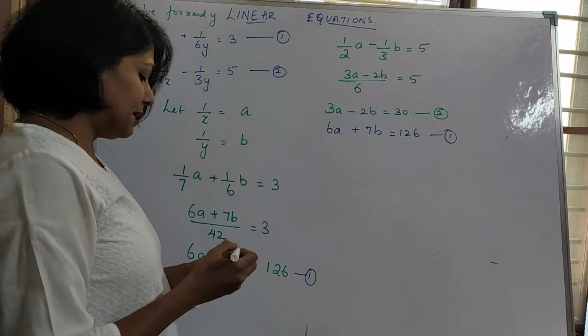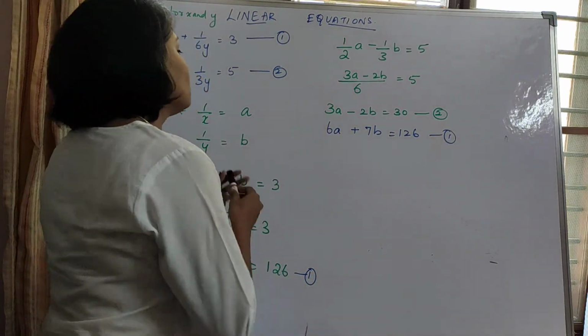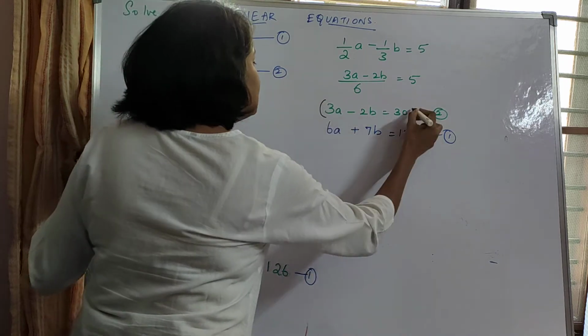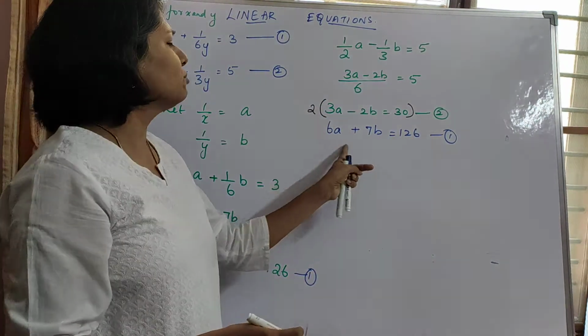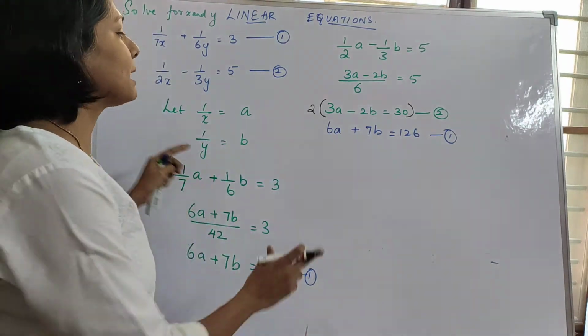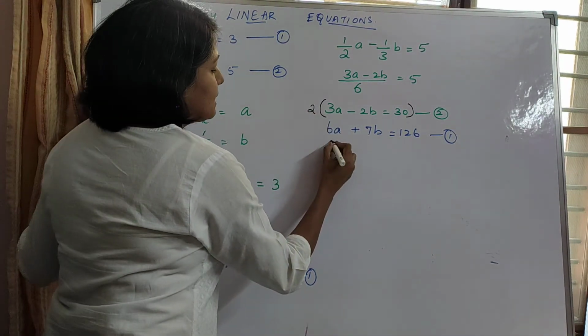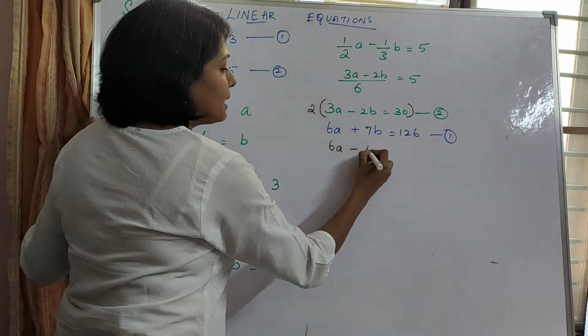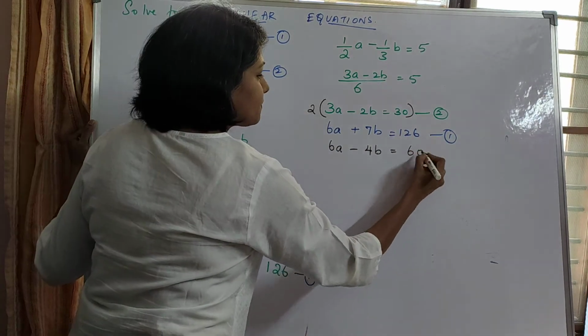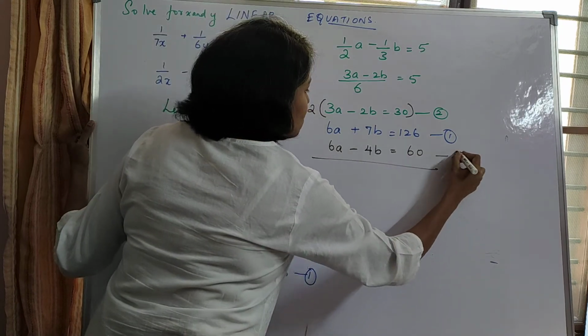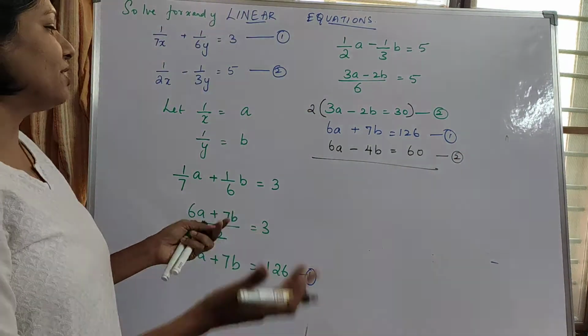I thought of eliminating a here. So I'm multiplying equation 2 by 2, and equation 1 I'm not going to multiply by anything. So this becomes 6a minus 4b is equal to 60, which is equation 2 multiplied by 2 and rewritten.